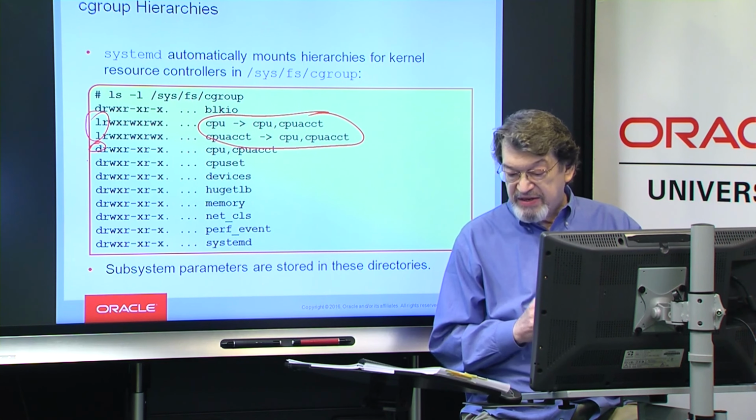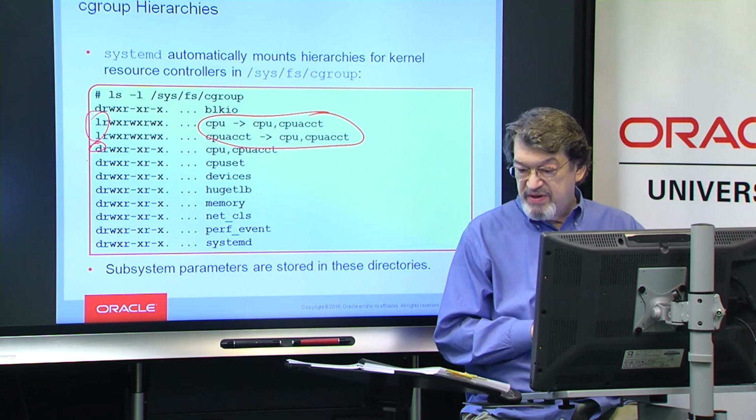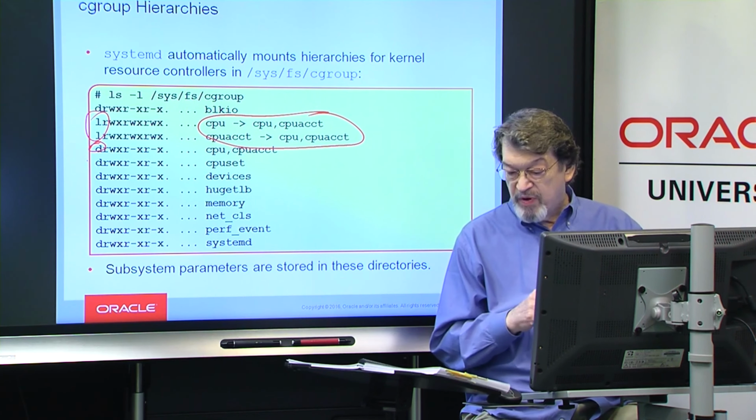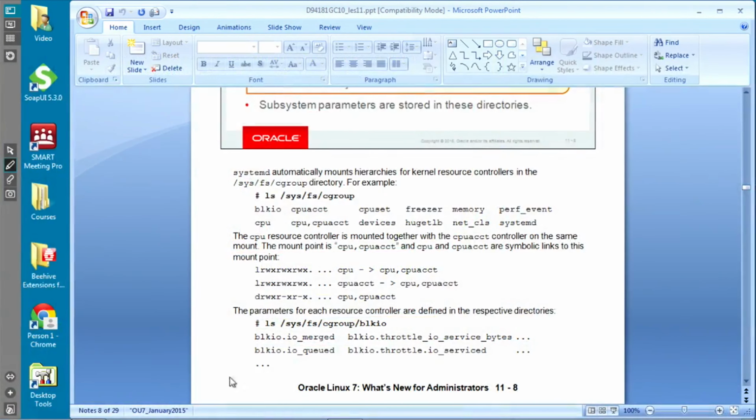Now, I would like to escape this page to give you an idea of some of the parameters. So here, we've taken sysfs cgroup blkio. Some of the parameters here are blkio, io_merged, io_queued, throttle.io_service_bytes, throttle.io_serviced.